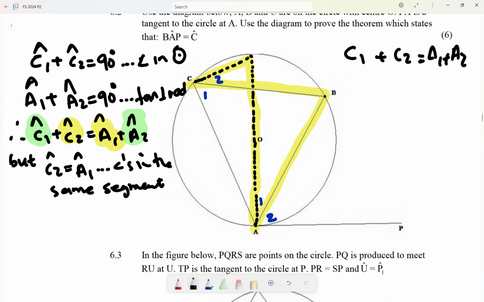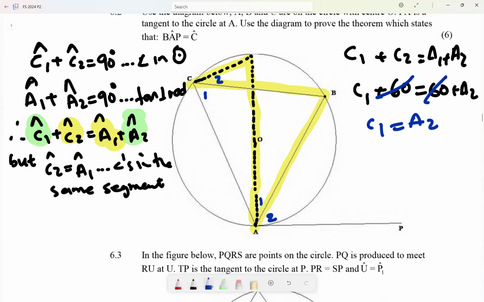If C2 and A1 are equal, I can cancel them because they are the same. It means C1 is equal to angle A2. Can you see that? Therefore, angle C1 is equal to angle A2.